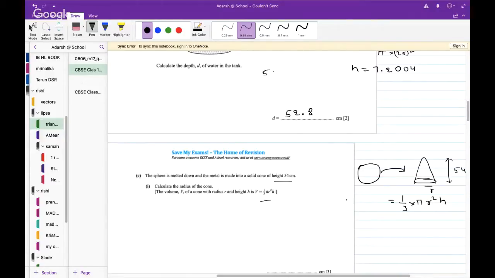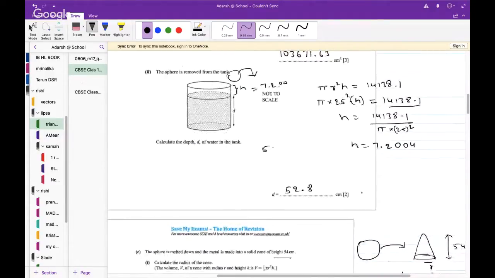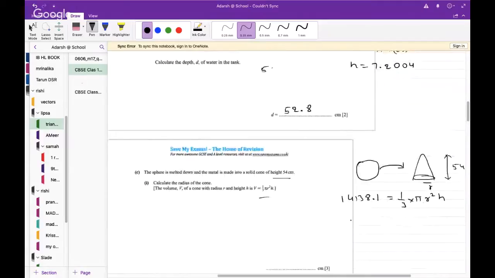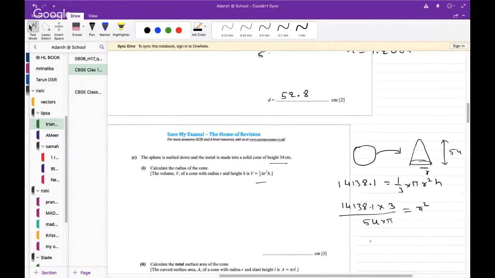Volume of the sphere, which is 14138.1. So simplify to get the radius. 14138.1 into 3 divided by the height, which is 54, times pi, is equal to r square. So r square is equal to 250.01.